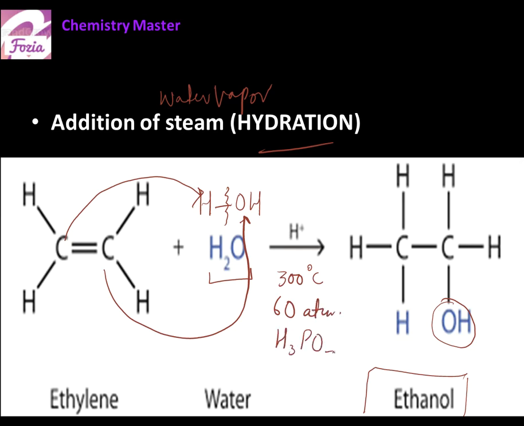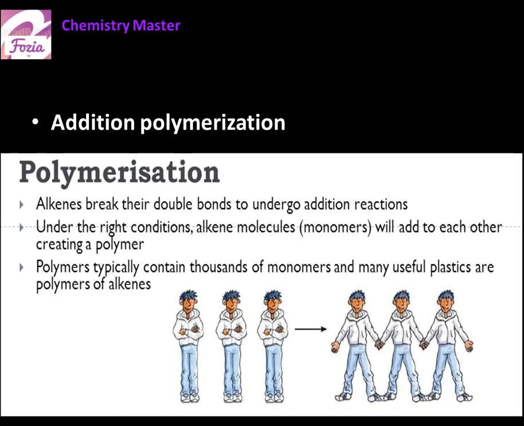The next and very important reaction is polymerization. To explain polymerization, the equation is very easy to learn, but let me explain you the whole story of polymerization. Polymerization can be understood by this picture: these are students standing at a distance and they have no link in between and they are individual, but when they join their hands, they make up a longer line, so they make something larger.